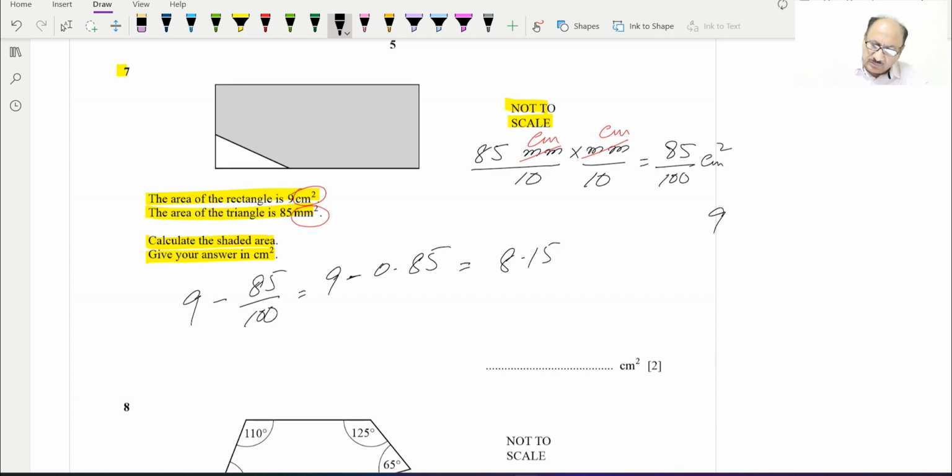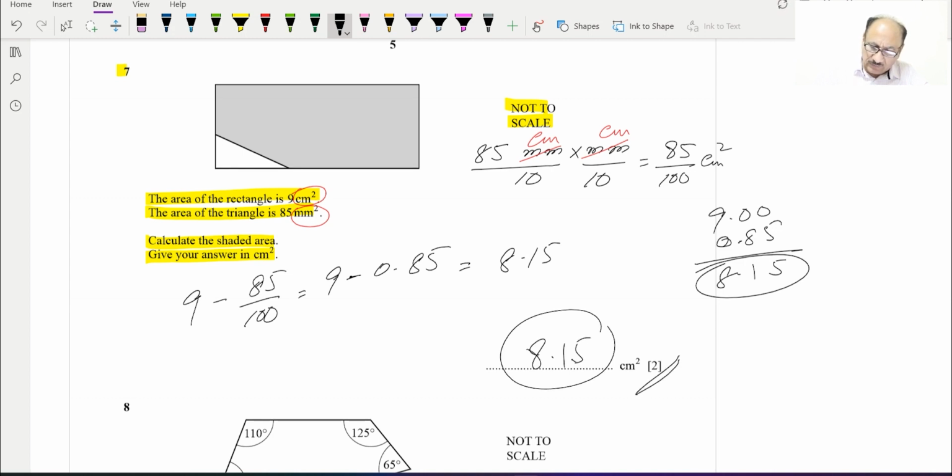We can subtract 9.00 and 0.85, and this will be 5 here, and this will be 1 here and 8 here, so it will be 8.15. So our final answer will be 8.15 centimeters square. This is for 2 marks. Hopefully you understood this. This is the rough working. I'm just erasing this, and this is the question.